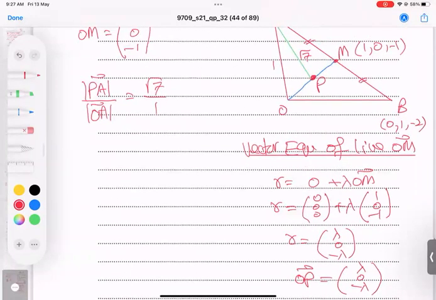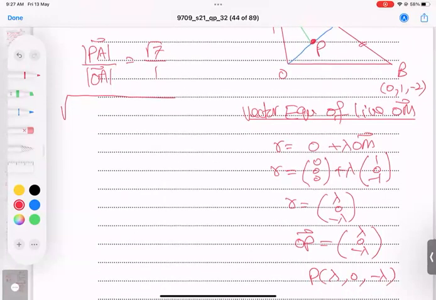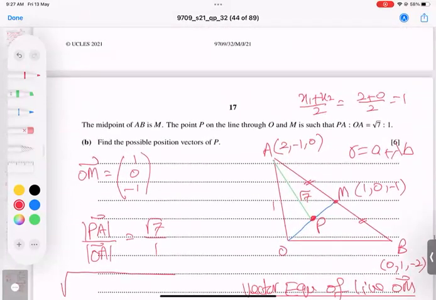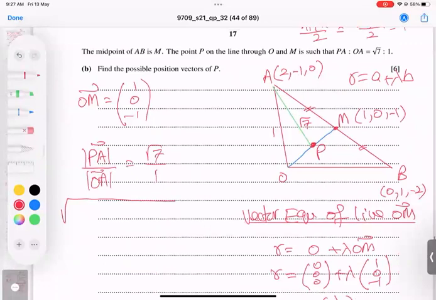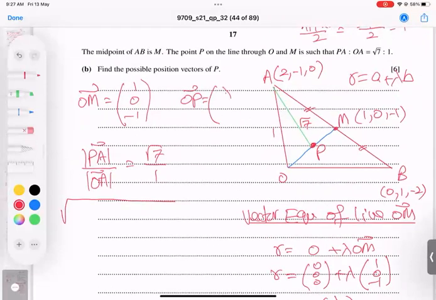Now, what is the length of PA? A is this one. Let me write the P coordinates also: (lambda, 0, minus lambda).